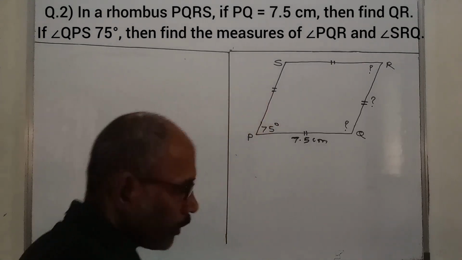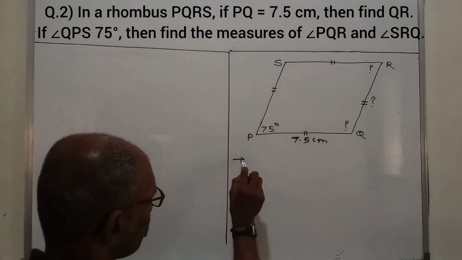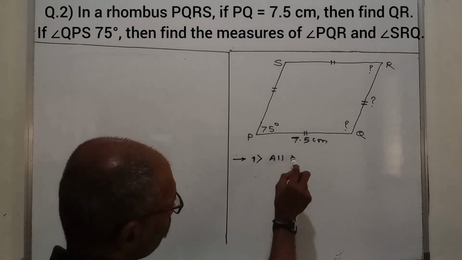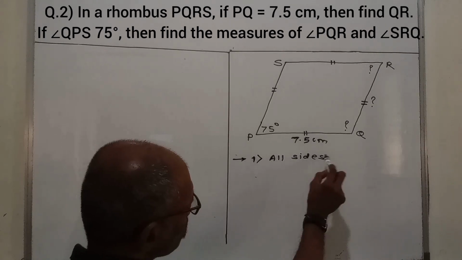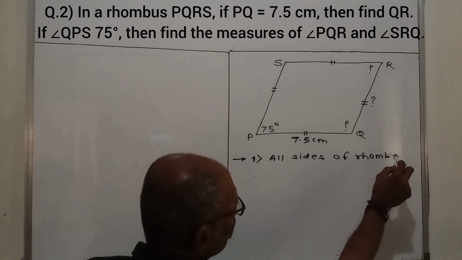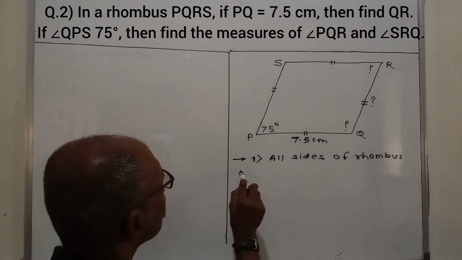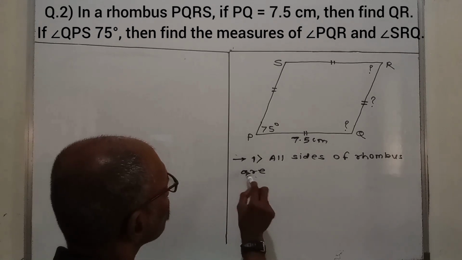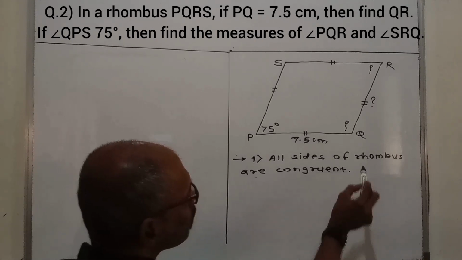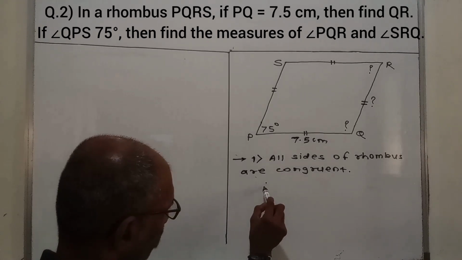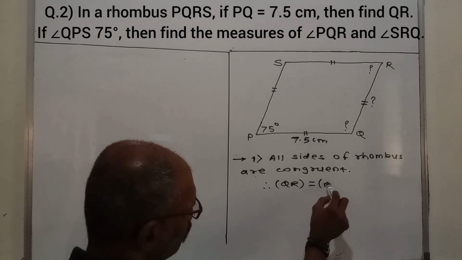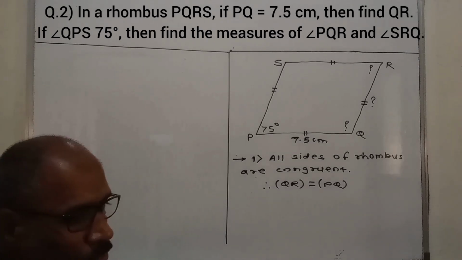Did you get it? Therefore, first answer, see here, all sides of rhombus are congruent. Okay, therefore we want QR is equal to PQ.